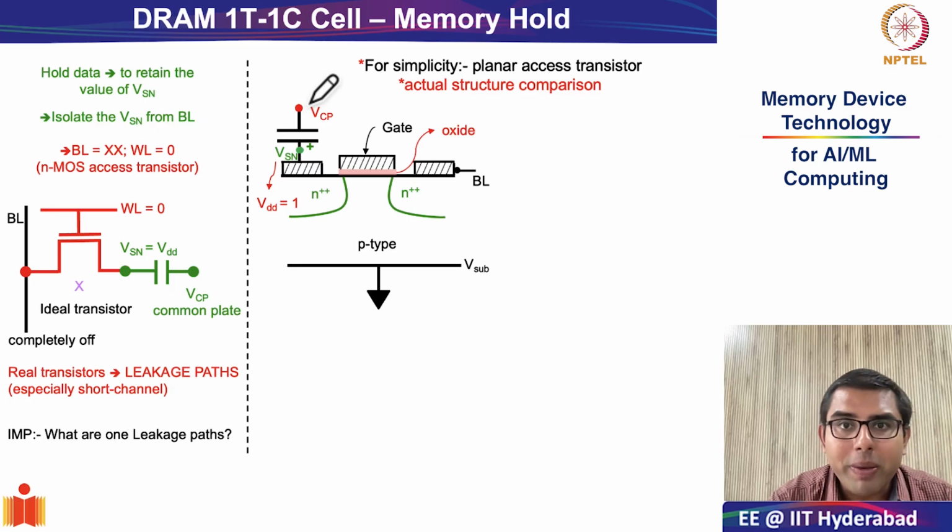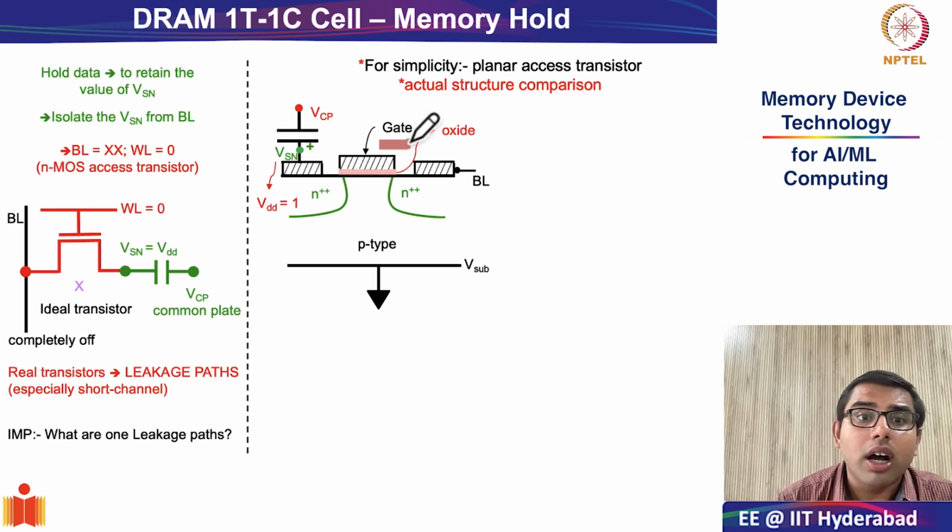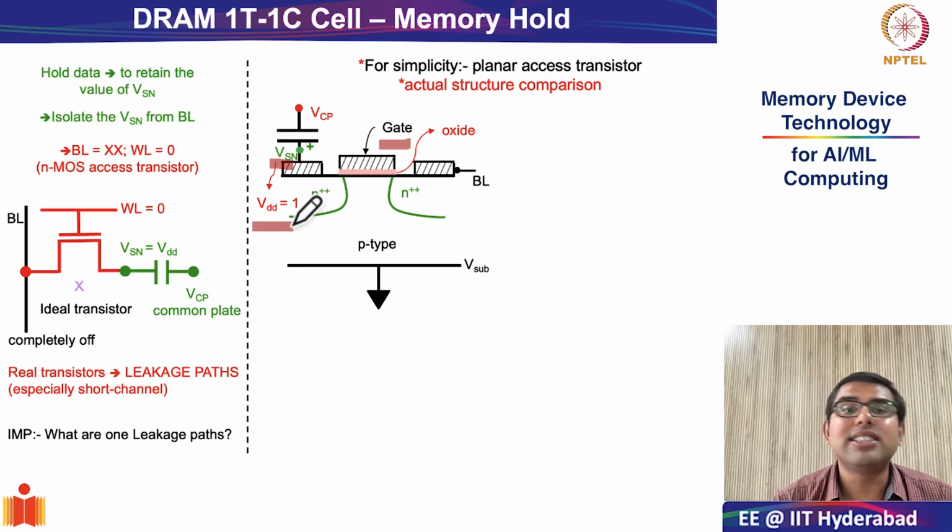guessing what would be the leakage paths when the device is in the off condition? When it is in the off condition, because this is an NMOS, the gate bias VG will be equal to 0. Whereas for the drain bias, we are trying to see the case where leakage will be worst. So we are considering that the storage node, or the drain terminal in this case, is at VDD equal to 1.